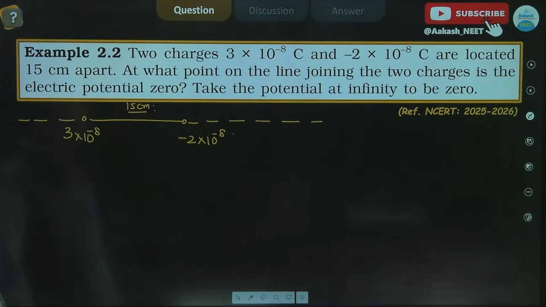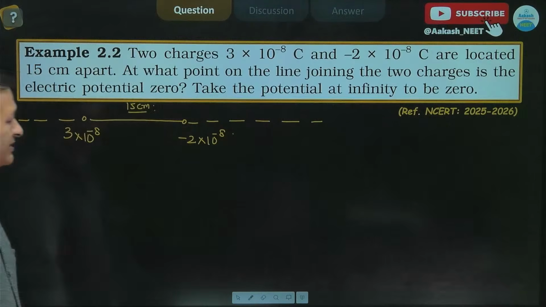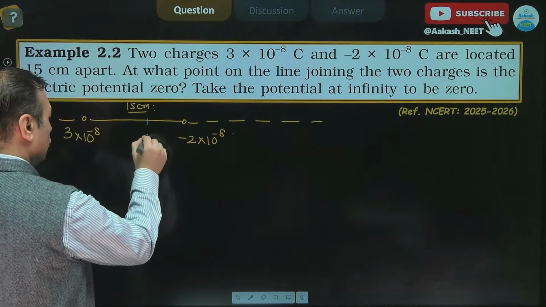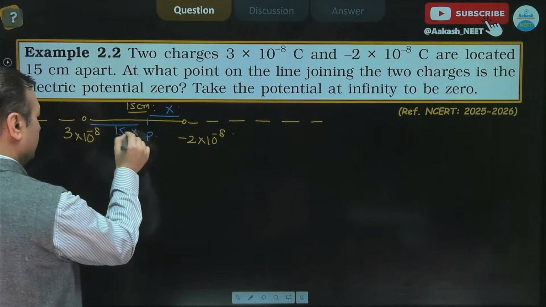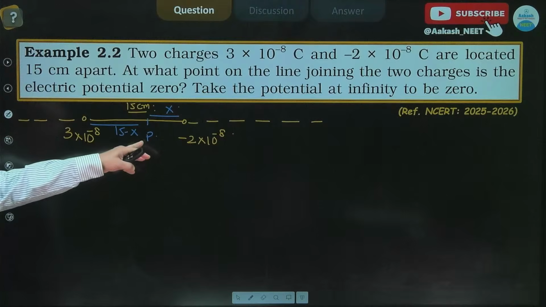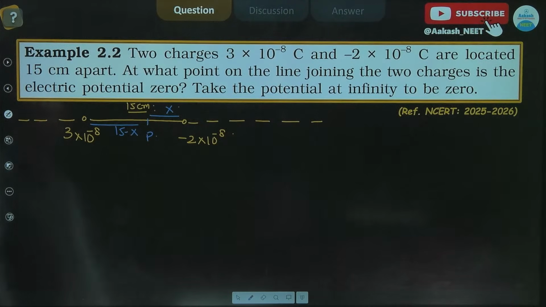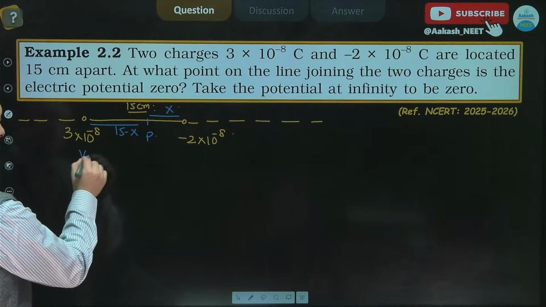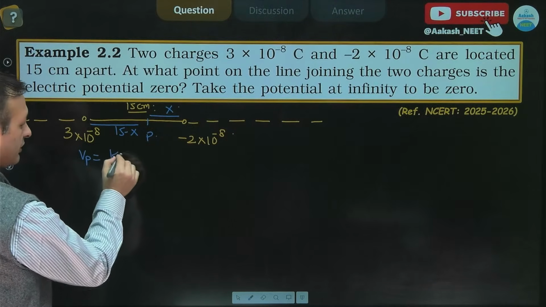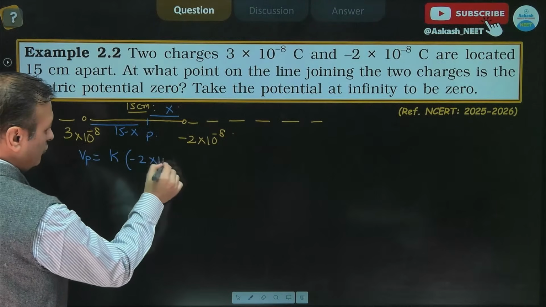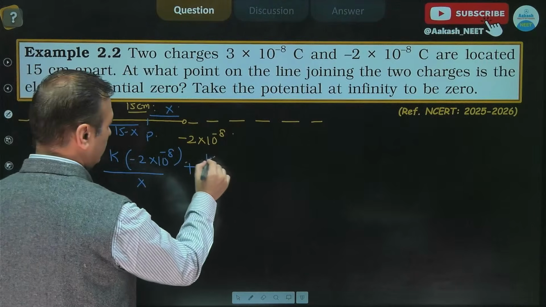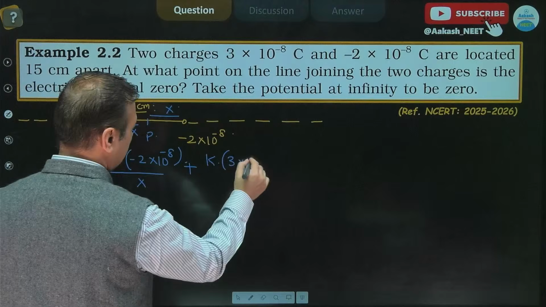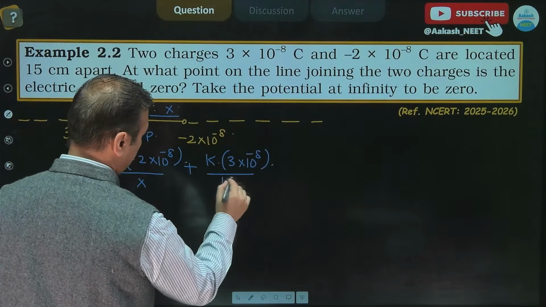Got it? So first we'll find a point somewhere between these two charges. Let it be point P. If I call this distance x, then this would be 15 minus x. So potential at P is 0. So it means potential due to the negative charge, K times minus 2 into 10 to the power minus 8 by x, plus potential due to the positive charge, K times 3 into 10 to the power minus 8 by 15 minus x.